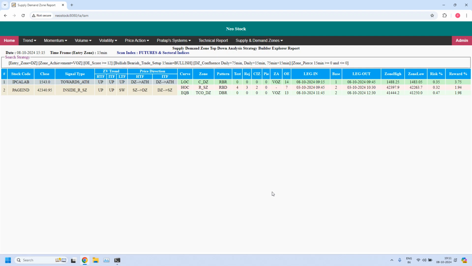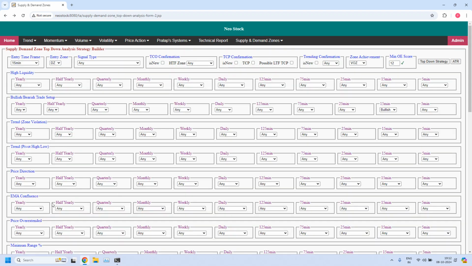Oh, both the stocks are supporting even HTF confluence. That means the 15 minute zone is part of the 75 minute zone. Again, both 15 minutes and 75 together are part of the daily zone, and for both the stocks the daily trend is up. If daily EMA confluence is also there, it's an even higher probability setup.